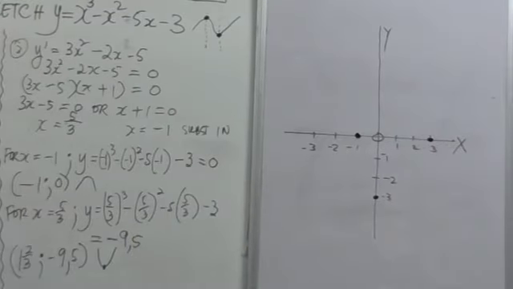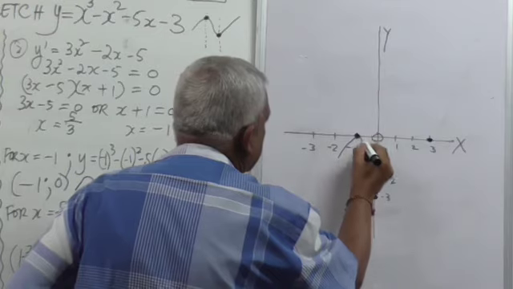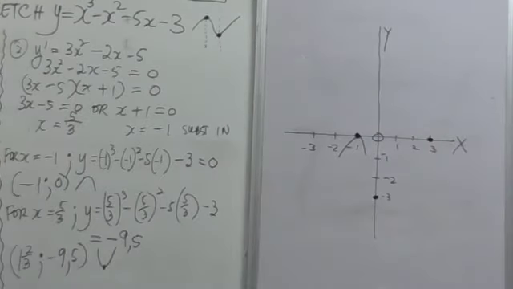We're finished with that. Now, at negative 1, 0, watch carefully, at negative 1, 0, the graph goes this way. At 1 and 2/3, negative 9.5, the graph goes this way. So we haven't plotted this.